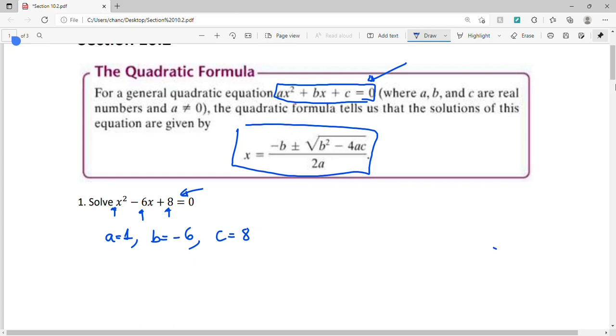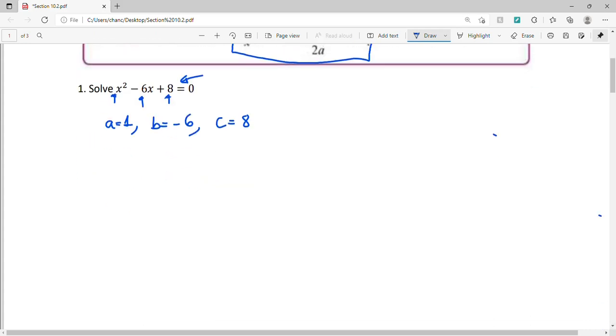We can now do the substitution into the quadratic formula. And so we'll write the quadratic formula here. x equals negative b plus or minus the square root of b squared minus 4ac. All of that is divided by 2a. So we'll substitute in the negative b, which is negative 6. So this is negative, for the negative symbol here.